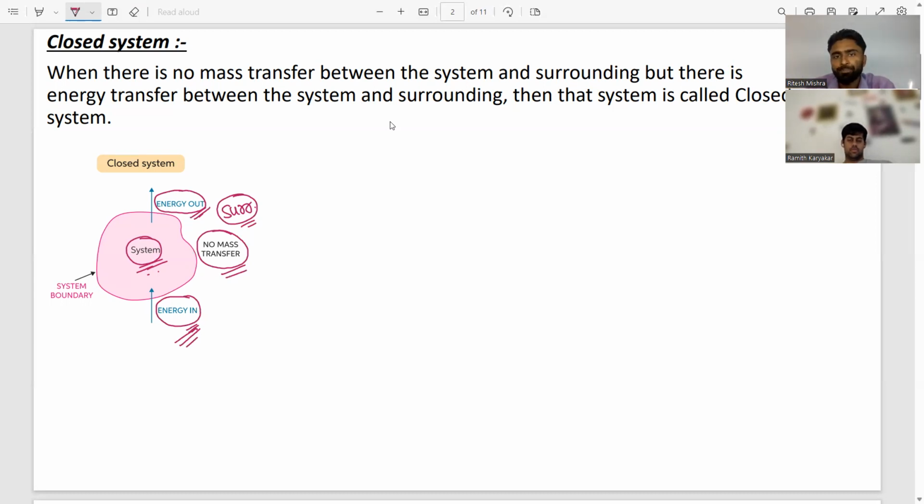Now let us assume this is your system, and this is your surrounding. If there is no mass transfer from the system to the surrounding, and also no mass transfer from the surrounding to the system, that means mass transfer is zero.